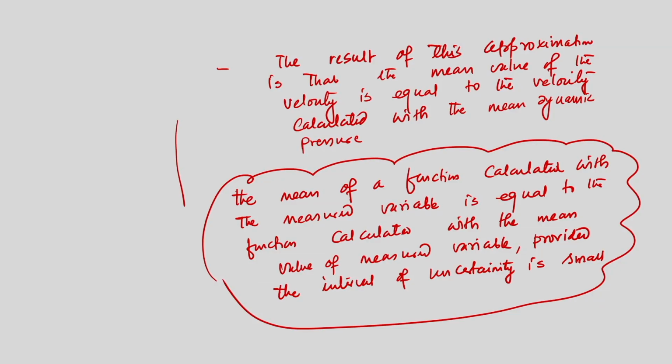Finally we have come up with an important conclusion that the mean of a function calculated with the measured variable is equal to the function calculated with the mean value of the measured variable, provided the interval of uncertainty is very small. That is what we have seen today.